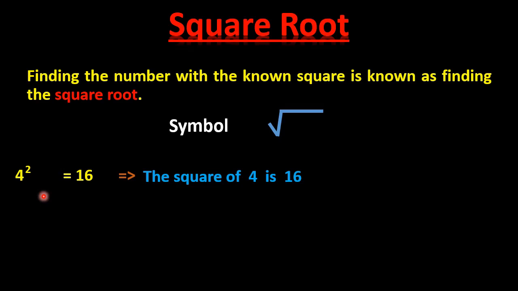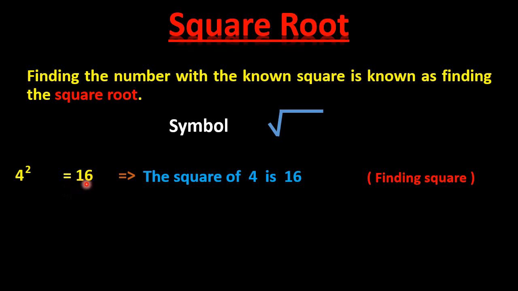So here we are squaring a number. Which number are we squaring? 4. And the answer we got is 16. So 16 is the square of 4. This we call finding the square, which you have already done. And finding the square root means the square will be given, like the inverse of this.